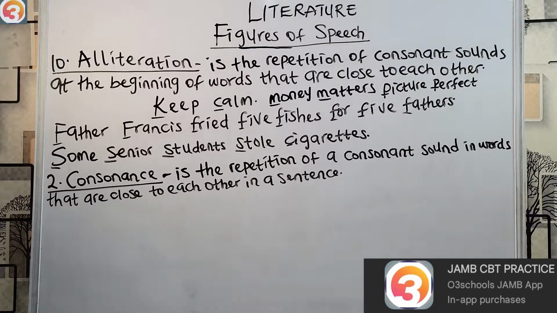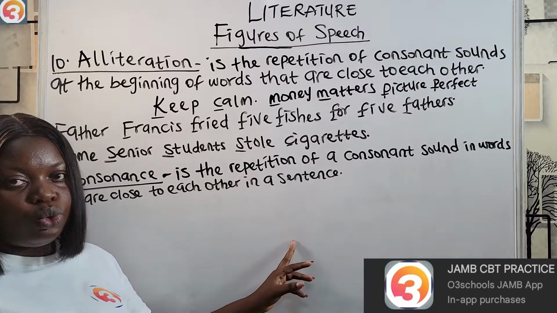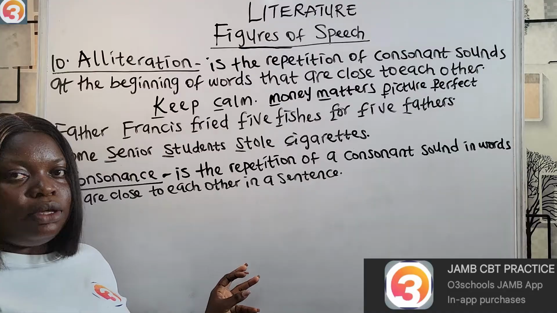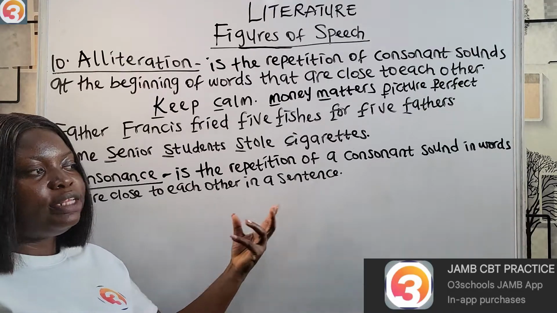So as long as the same consonant sound is in this word, is in this word, the position doesn't matter. Whether the consonant sound is at the beginning or at the middle or at the end.